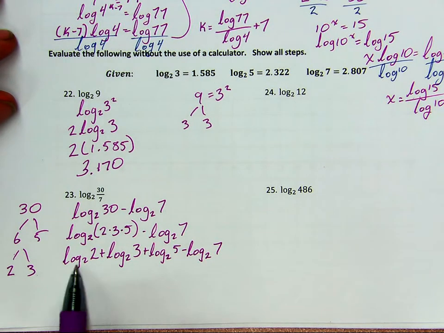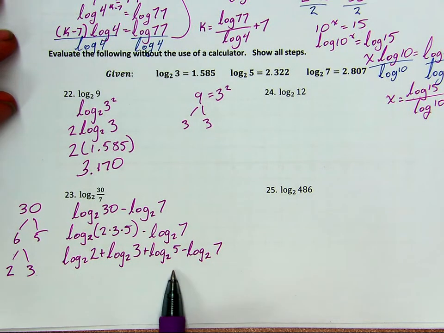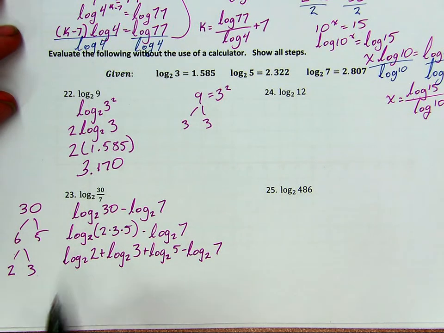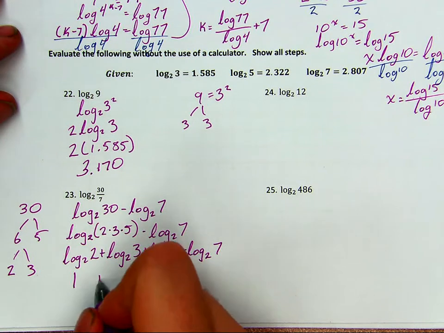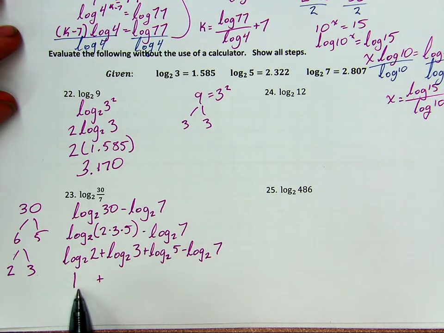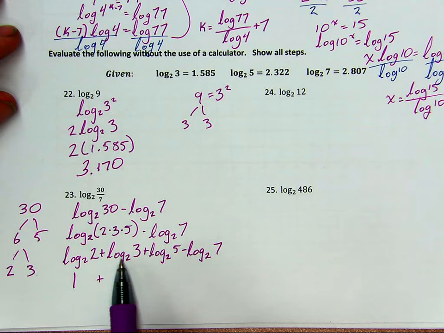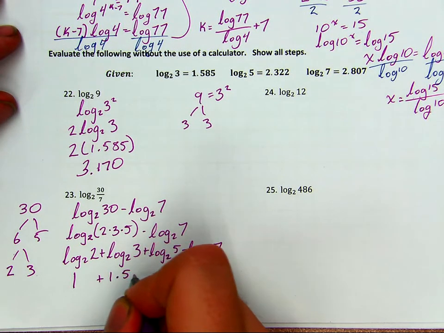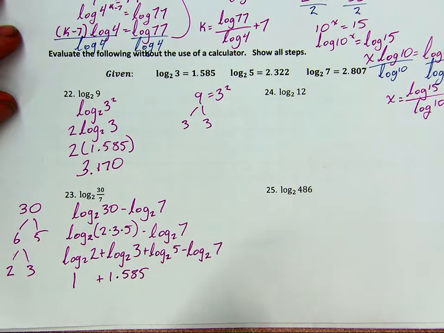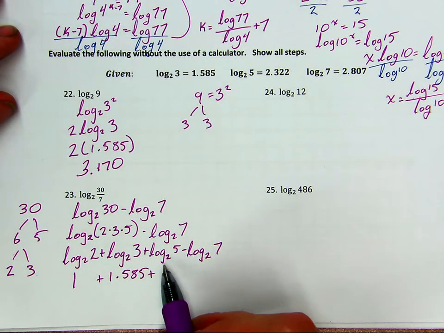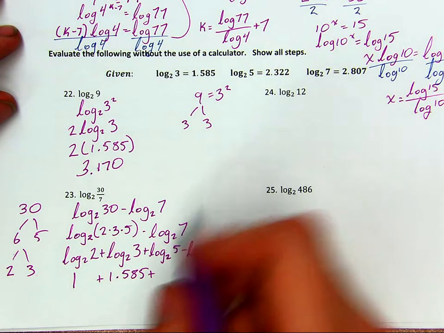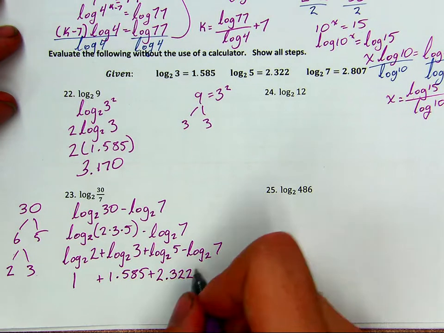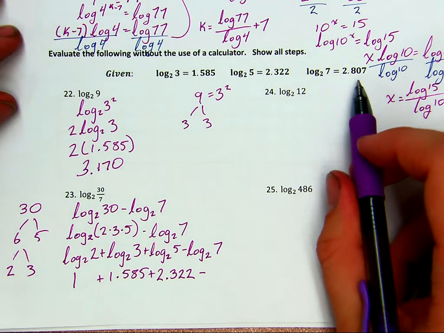Log base 2 of 2 is 1. That is a definition. Make sure you know that. That has to be a definition known. Log base 2 of 3 is a number that was given. 1.585 plus. Log base 2 of 5 is a number you were given. 2.322 minus log base 2 of 7. You were given that number, 2.807. And now at this point, we have to add all of those together.